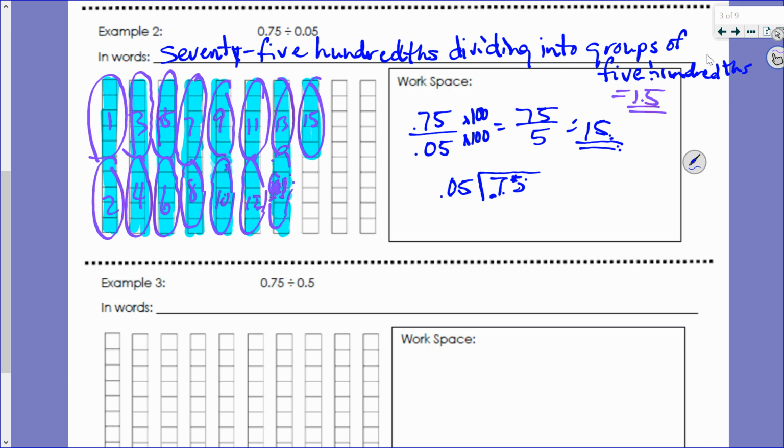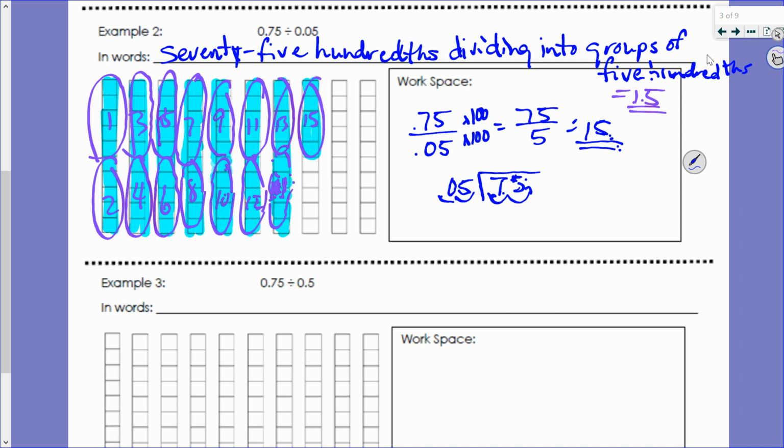If I have a decimal and I multiply by 100, what am I actually doing? Moving the decimal how many times? 2. Because it's a positive number, my decimal goes left or right? Right. So I'm moving my decimal 2 to the right. But I had to do it both on the inside and the outside, right? So I did it to both numbers. So if I do it on the inside, I also have to do it on the outside.